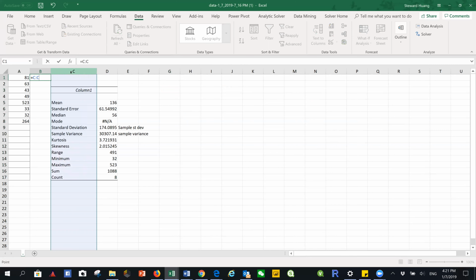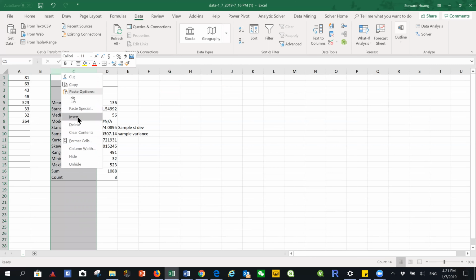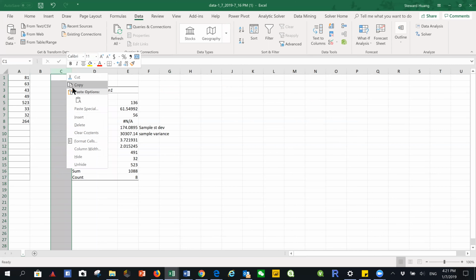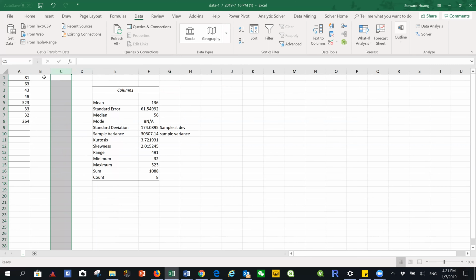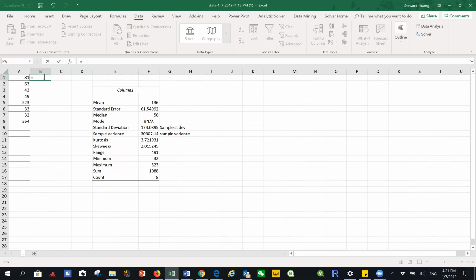Once you get the center, the mean, we want to see everybody's deviation with respect to it. I want to see how far away 81 is from the mean right here.